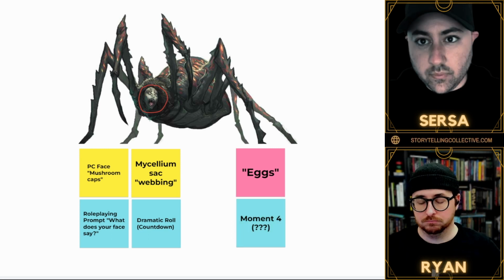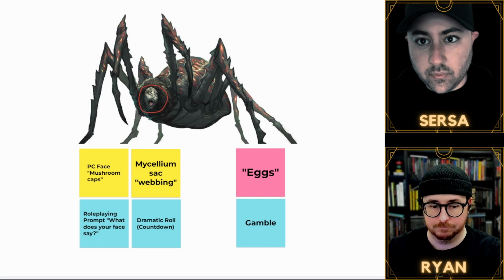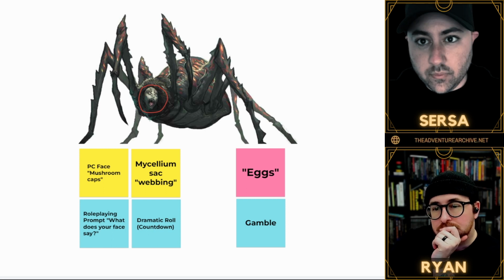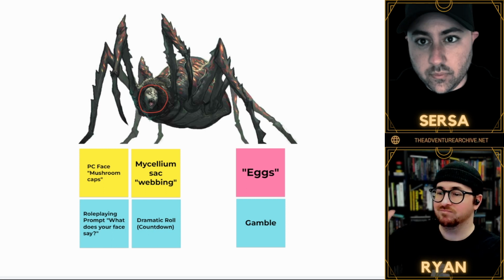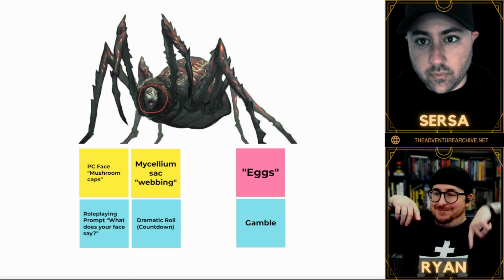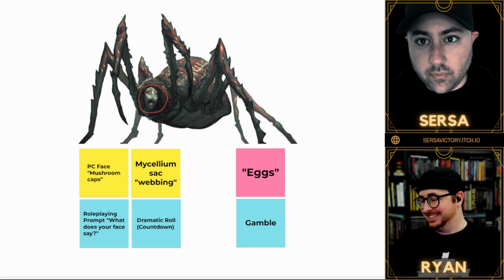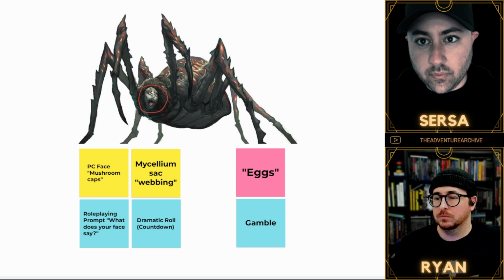A gamble is basically an optional thing that the players can do that could have potentially good effects or potentially bad effects. Here's an obvious example: eat the egg. You tell the players up front, you can devour one of the eggs of the mycelium spider queen, spider mother, and it's a complete gamble.